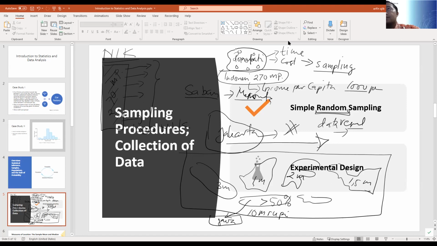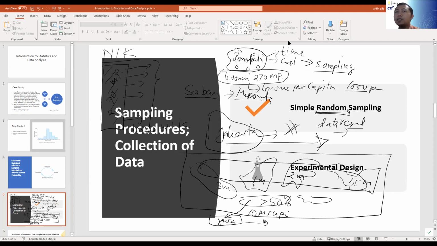Because only Javanese people were taken, it does not reflect the entirety of Indonesia.